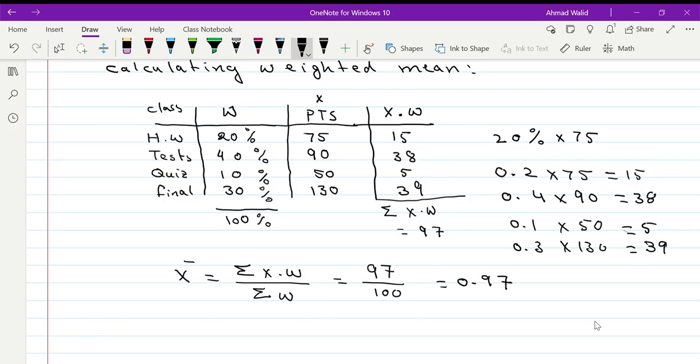That will be the weighted mean of a weighted frequency distribution.